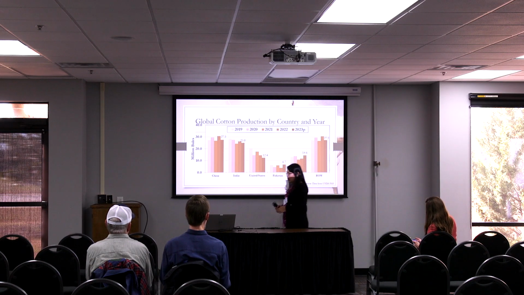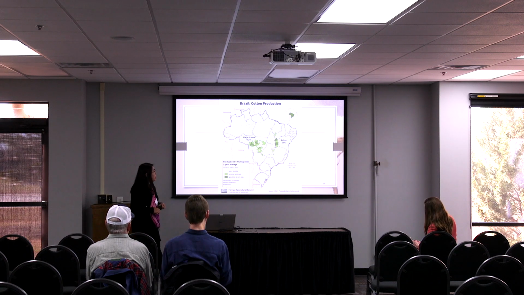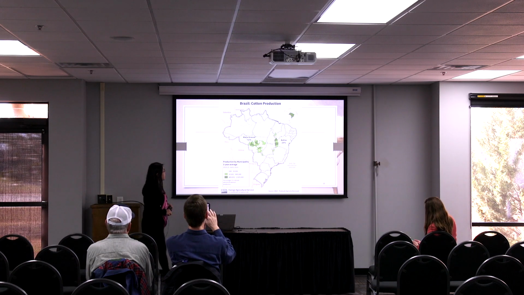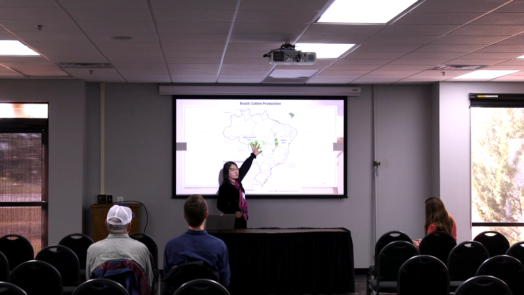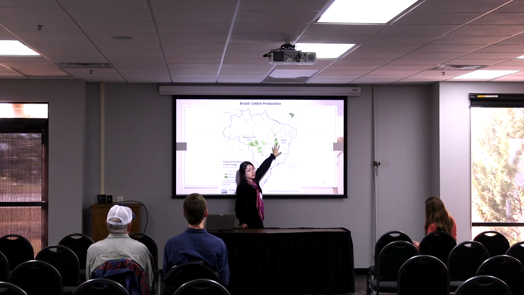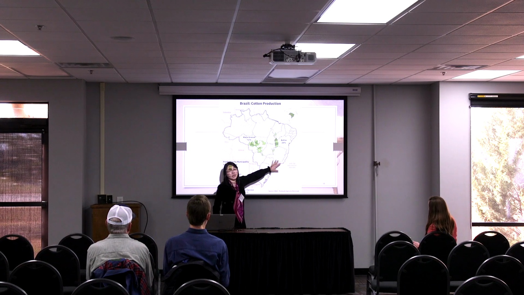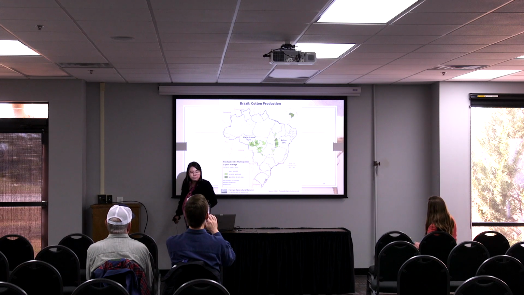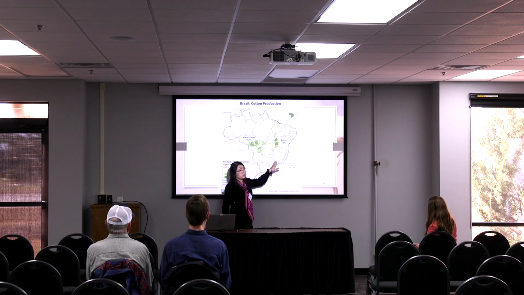So let's take a look at where cotton is produced in Brazil. Those are the 2 major regions of cotton produced in Brazil, one in the central region, one in the eastern region. Historically, the cotton got shipped to the port around this region to get exported. Because of some infrastructure challenges for the middle of the region, it's difficult to ship the cotton to this port.